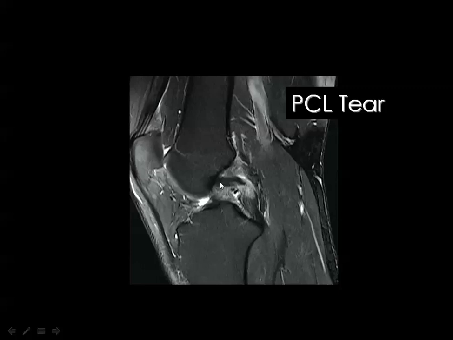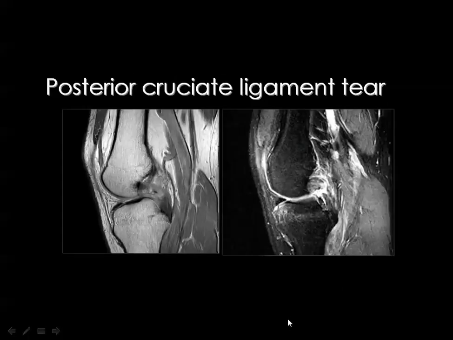You see there is an abnormal signal in the middle part of the posterior cruciate ligament, diagnostic of complete rupture. Another example, T1 and T2, and you can see the heterogeneous increased signal in the mid portion of the ligament, and most of the ligament also shows abnormal signal, denoting complete rupture.